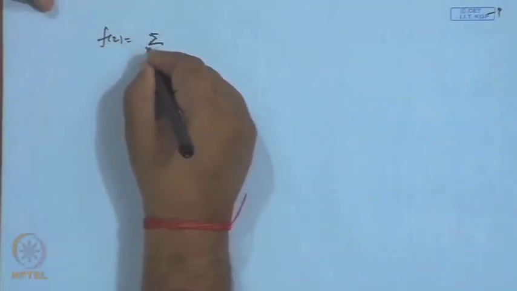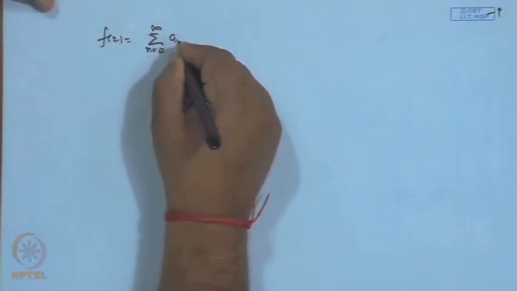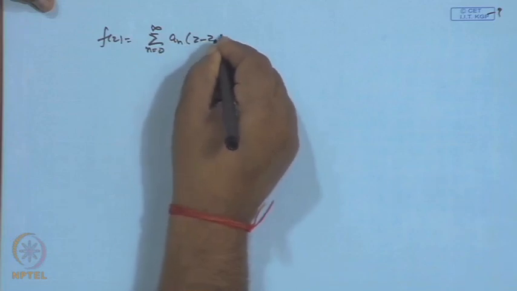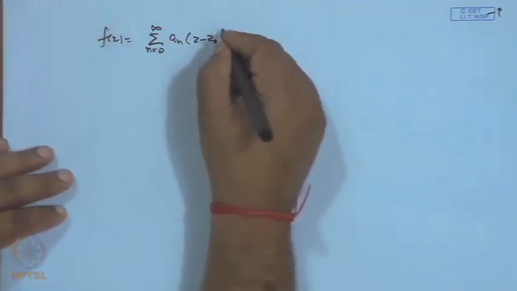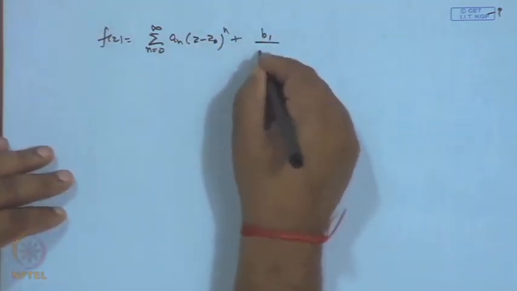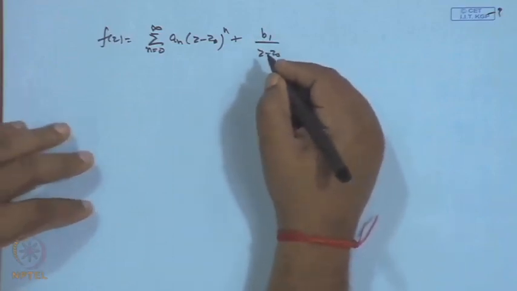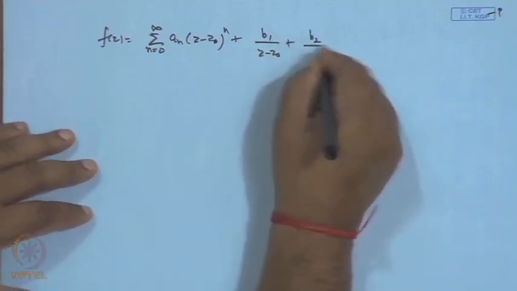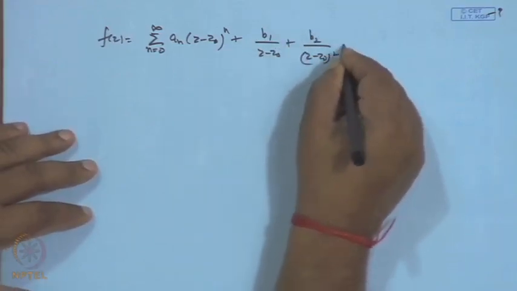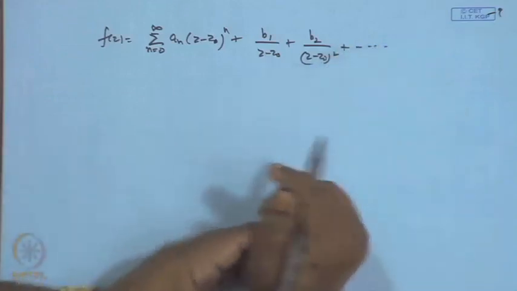The series will be f(z) equals the sum from n equal to 0 to infinity of a_n (z minus z naught) to the power n, plus b_1 over (z minus z naught), plus b_2 over (z minus z naught) whole square, and so on and so forth.